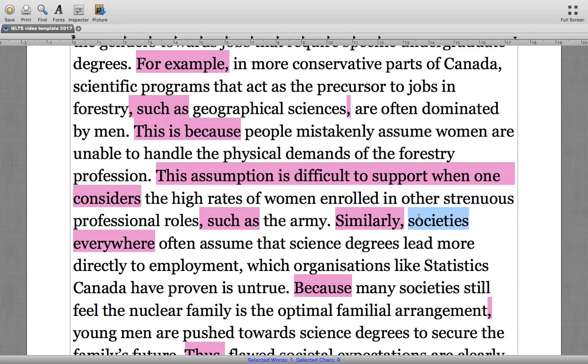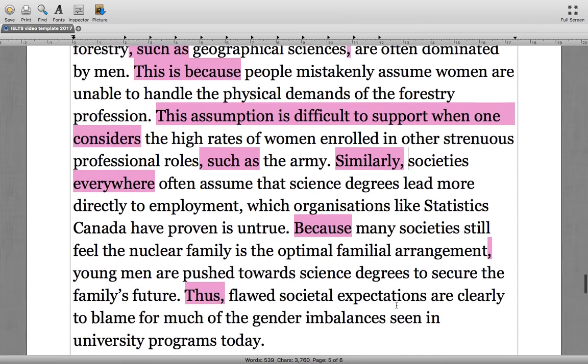So it could be societies, or cultures everywhere, or governments everywhere. I'm just stating very clearly to the reader that I'm not talking about any one specific government. I'm talking generally about governments or societies or cultures that could exist on any part of the planet. And then we carry on.